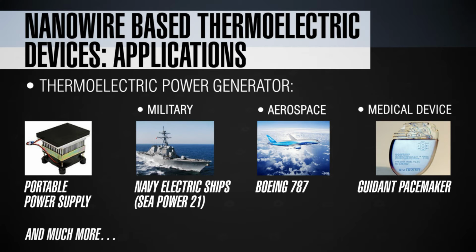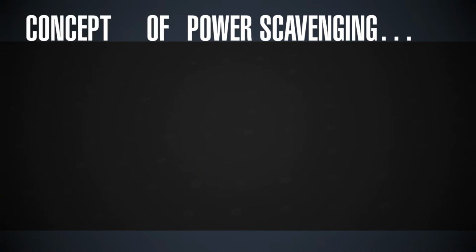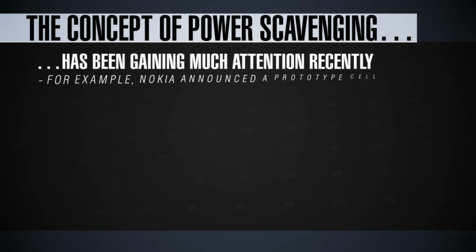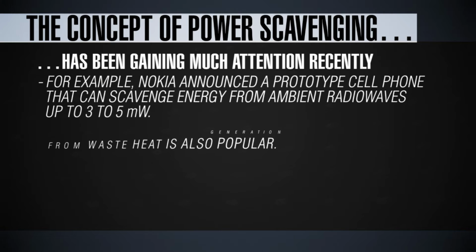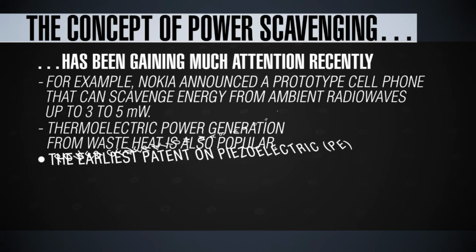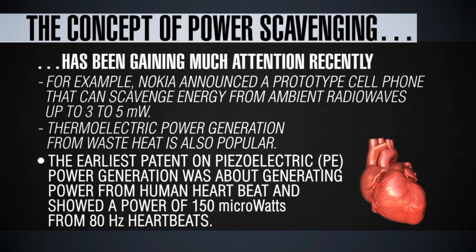And another type of power generation is power scavenging from vibrations. This is done using a material called piezoelectric material. When you give stress or strain to piezoelectric materials, that can be converted into a voltage signal, or vice versa.